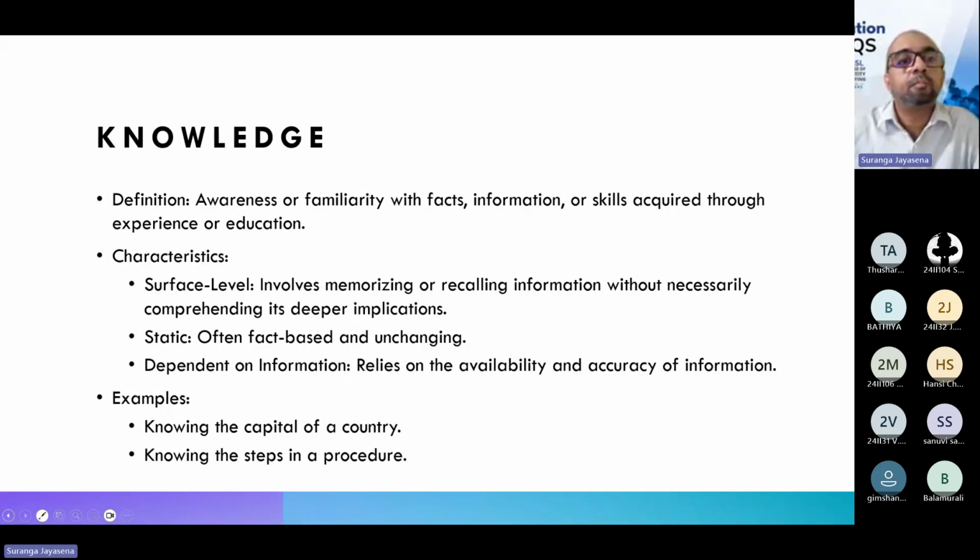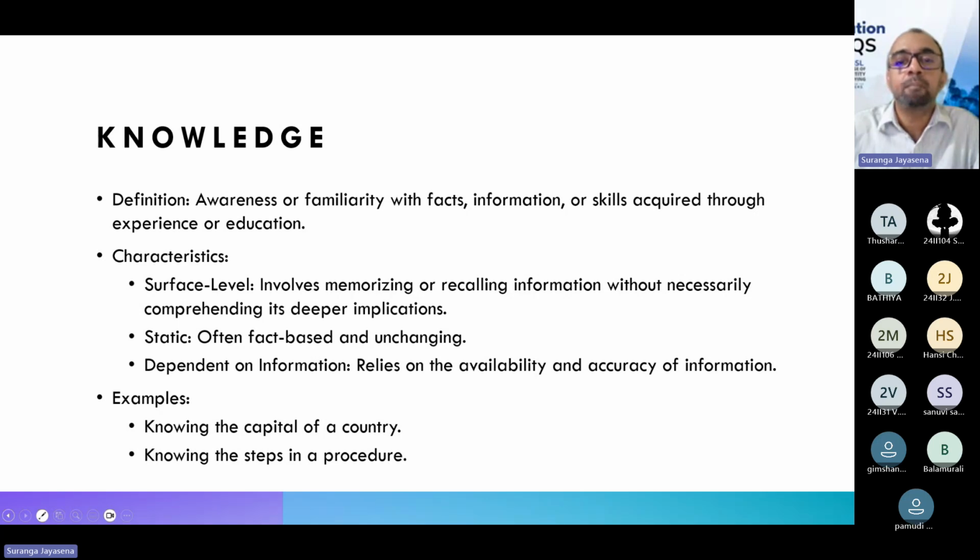So if you consider the characteristics of knowledge, knowledge is basically at surface level. So it involves just memorizing, remembering, and recalling, getting out information without necessarily comprehending its deeper implications.